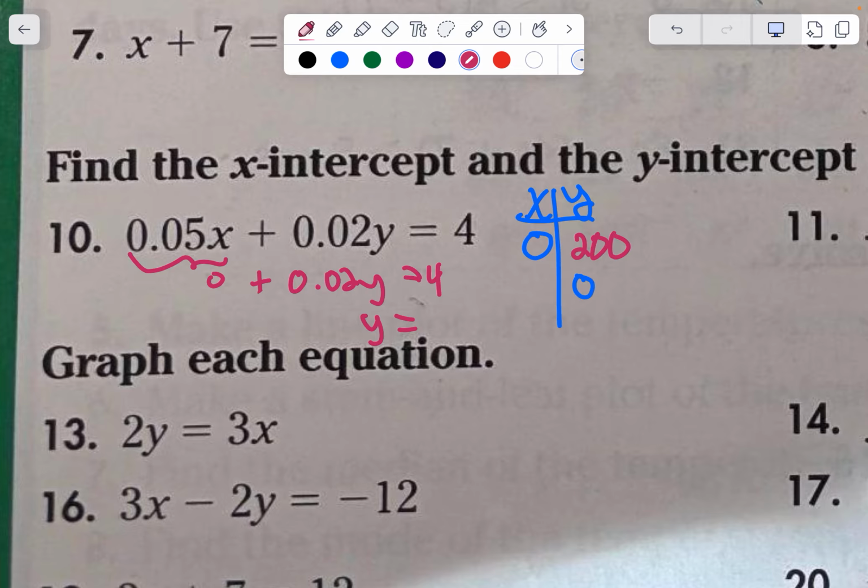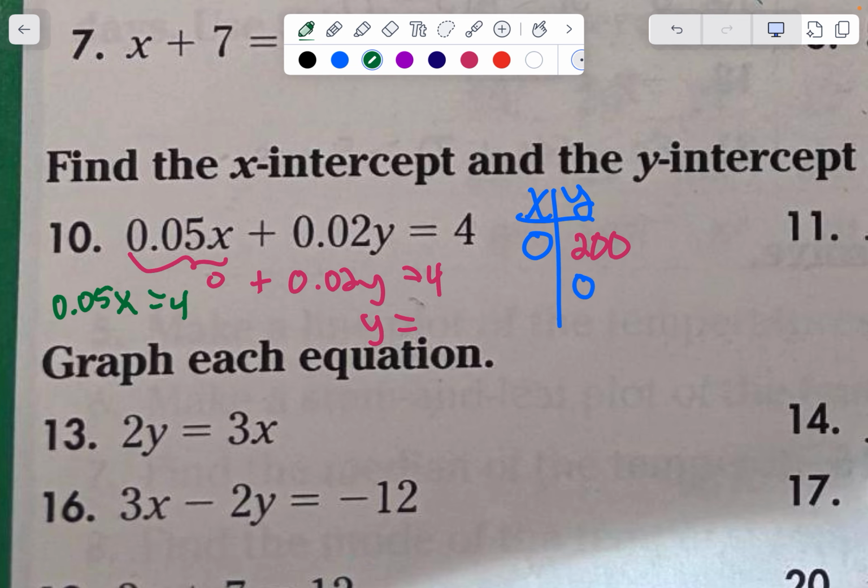And then you do it again. Let's do our x-intercept, which is when we let y equal 0. So that would mean this would be 0. So we get 0.05x equals 4. And then you just got to solve that one.